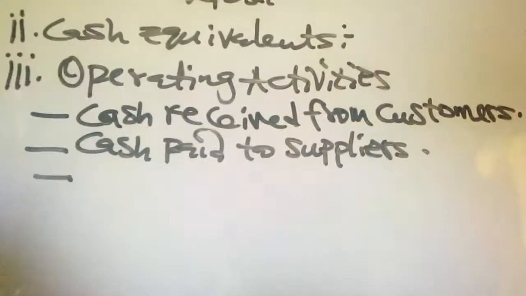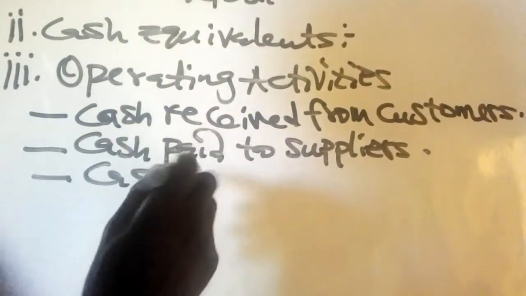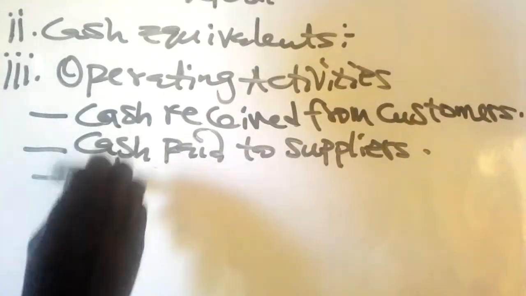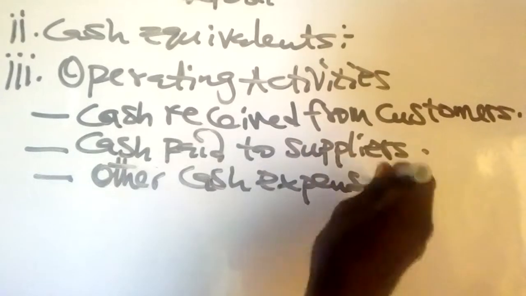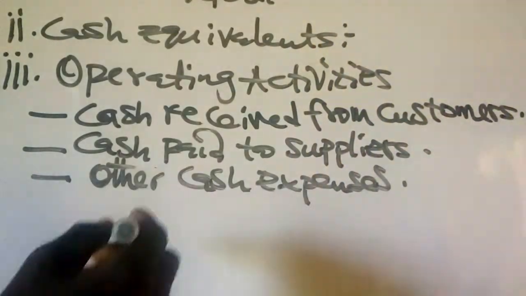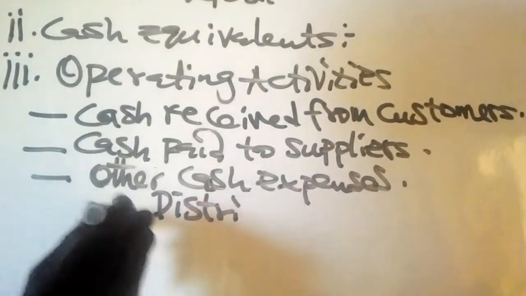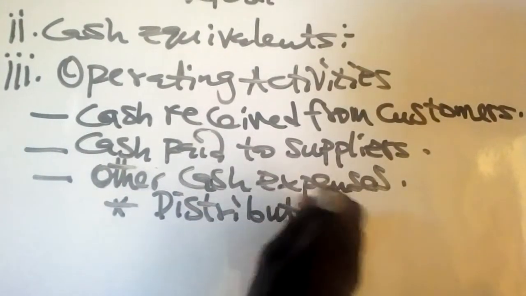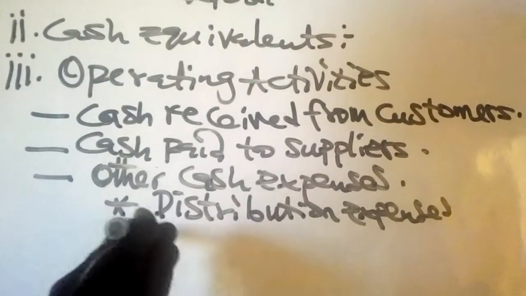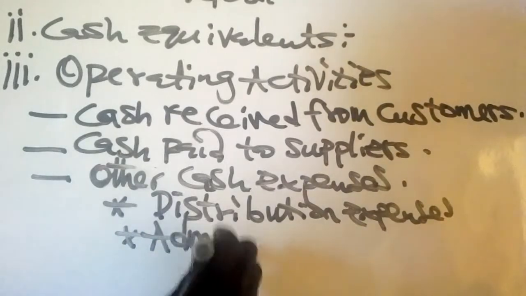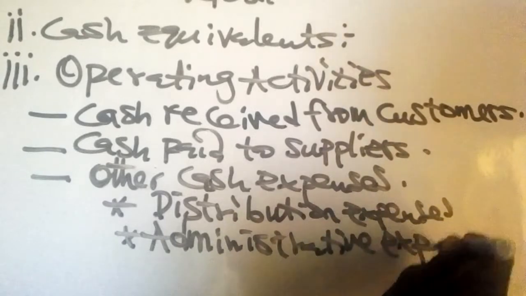Number 3, we have other cash expenses. Under this you have the distribution expenses and the administrative expenses.